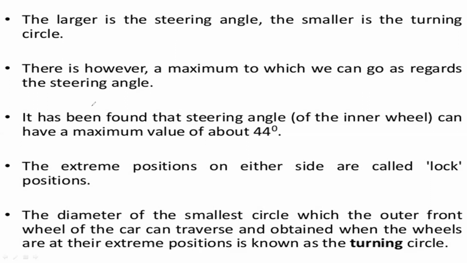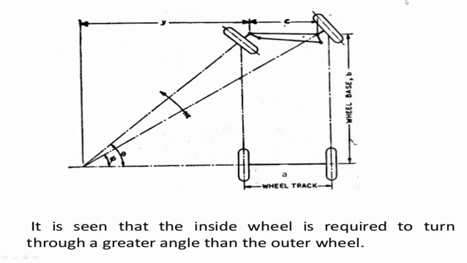So the diameter of the smallest circle which the outer front wheel of the car can traverse when the wheels are at their extreme positions is known as the turning circle. The inside extreme position is known as the lock position, and the outside extreme position is known as the turning circle.